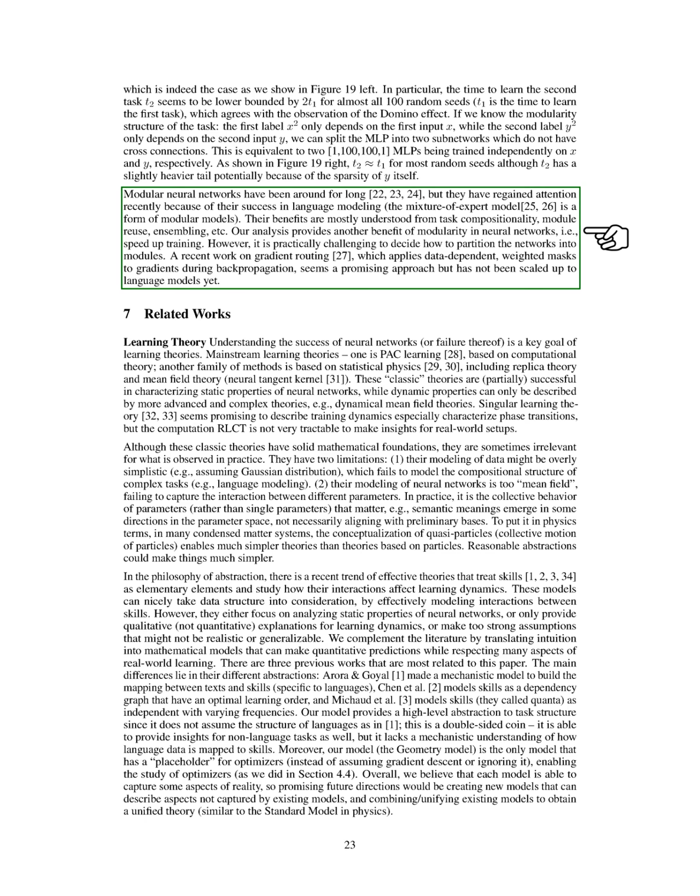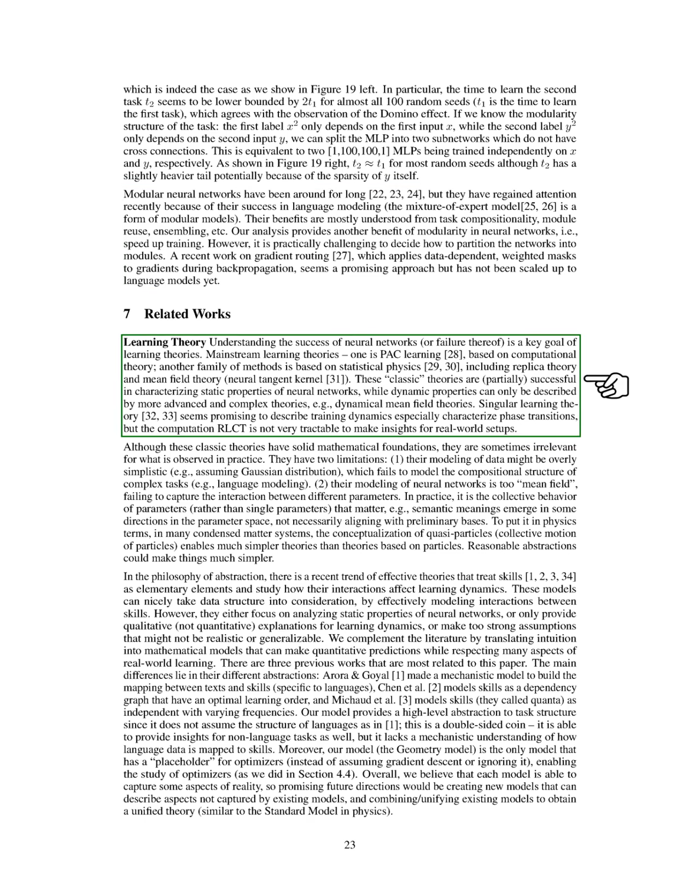In the realm of learning theory, understanding the success or failure of neural networks is crucial. Mainstream theories, such as PAC learning and methods based on statistical physics, have partially succeeded in explaining static properties of neural networks. However, dynamic properties require more advanced theories.